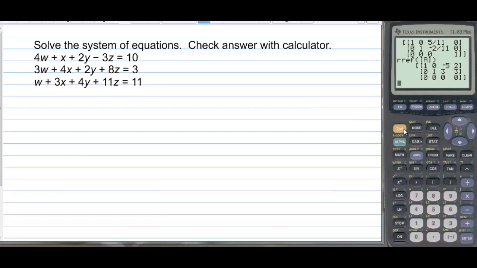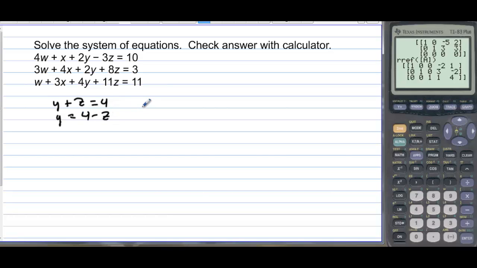We can quit out of here, go into reduced row echelon form, press enter, and they give us ones and zeros, but down at the bottom here, we have W, X, Y, Z, and then the constant. So we have Y plus Z equals 4. So Y is equal to 4 minus Z. Then on the next row we have X plus 3Z is equal to -2.